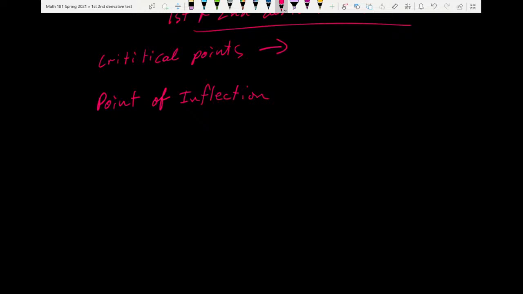For the critical points, we use the first derivative test. For the point of inflection, we use the second derivative test. These will help us graph better.